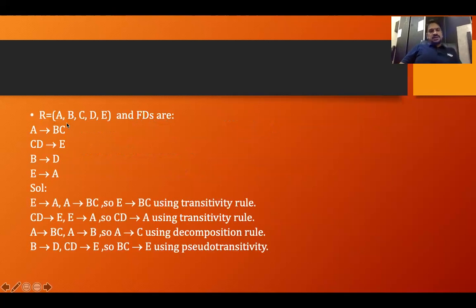So let's talk about closure. Now this is one relation. This will be denoted as one table, right? Relation has all 5 attributes. A, B, C, D, E are the attribute. So you visualize that the table name is R. One column name is A, another is B, C, D, E. So how many columns we have in a table? 5 columns.